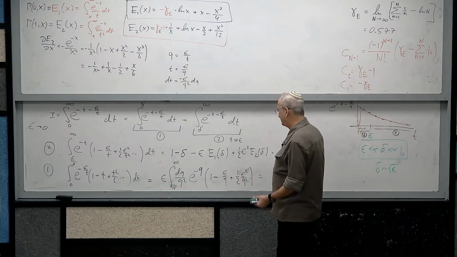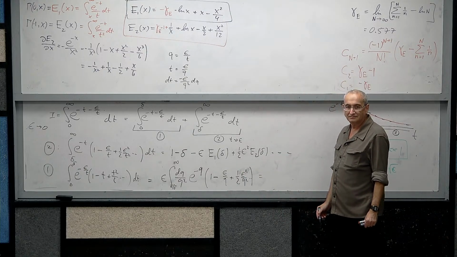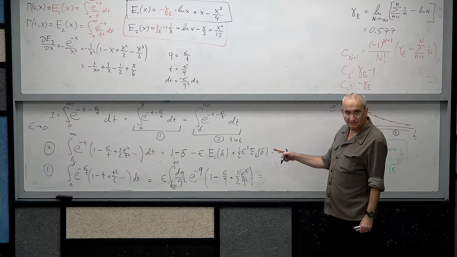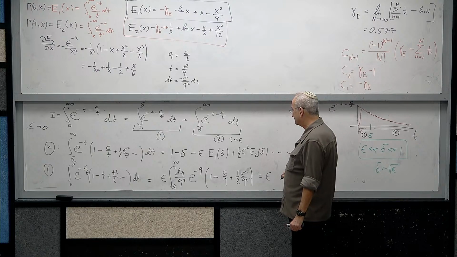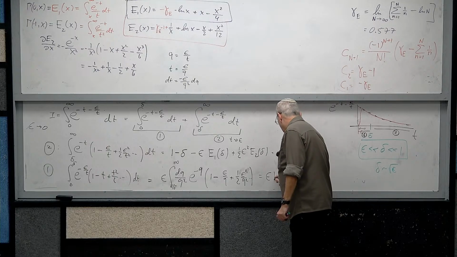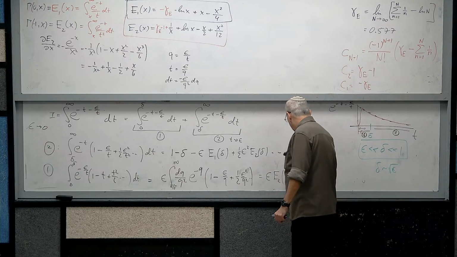Okay, so what is the result? It's the same thing as this one. To do the leading order in epsilon, I will get epsilon times E2, of epsilon over delta.